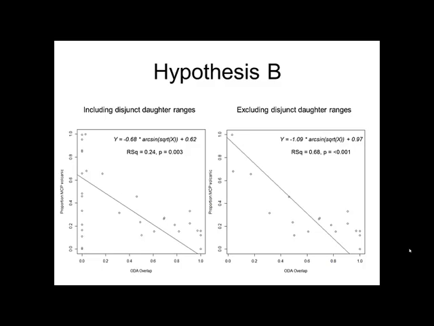It's a relatively low R squared. It's not explaining a huge amount, but you do get a significant fit to your data, which says that when you get more volcanism, the ranges of the resultant species of a speciation event are more likely to be different from each other when they're in a volcanic area than when they're not. And if we poke the data a bit, throw away some dodgy data points, we actually get a much, much stronger fit.